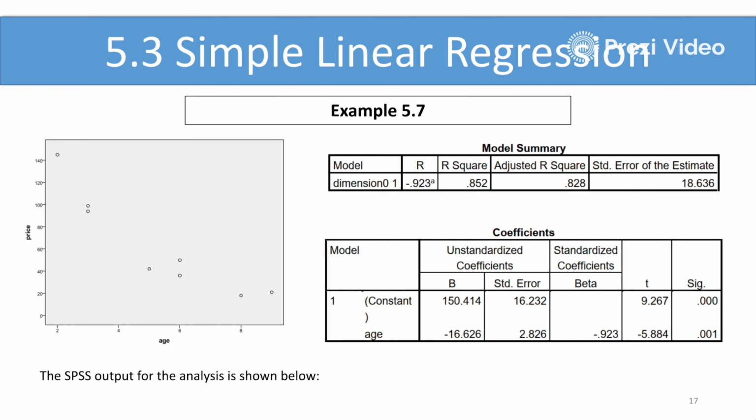Nilai dia akan nampak under variable H, independent variable lah. So nilai B adalah negative 16.626. Logik lah negatif sebab scatter plot dia negative relationship, value of coefficient of correlation pun negatif, jadi takkanlah slope dia positif. Slope dia mestilah negatif. That is the logic lah.